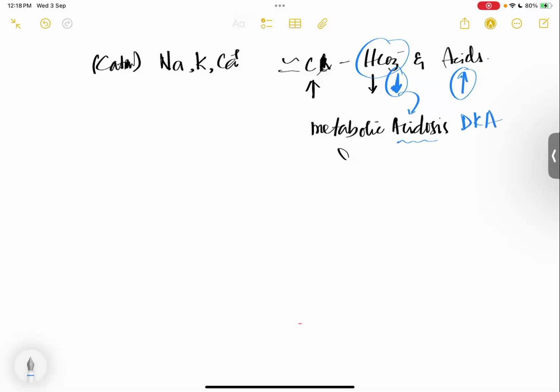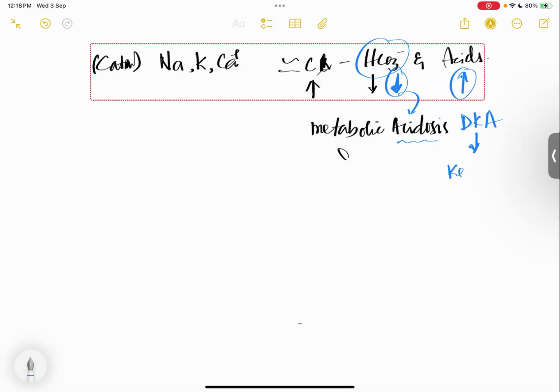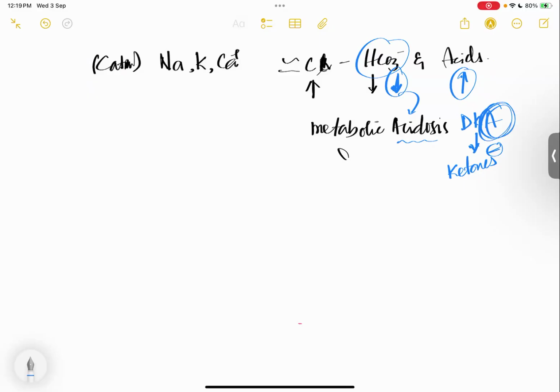Now, tell me, what is DKA? Diabetic ketoacidosis. We are having an increase in ketones, which are anions and acids, okay? Why is it causing acidosis? Because we are adding acids. Bicarb is decreasing, okay?